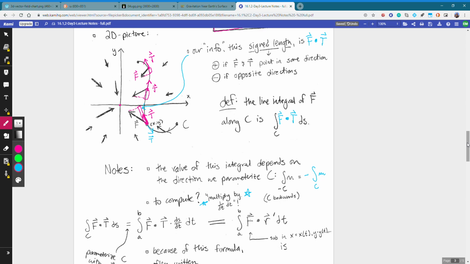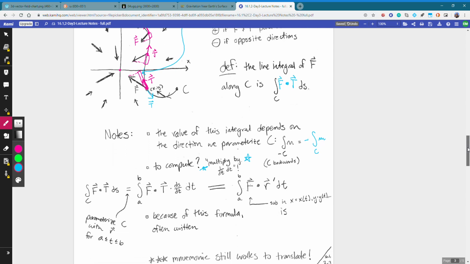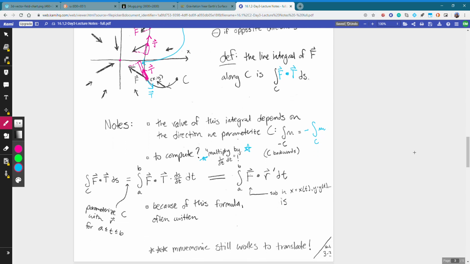And so let's work through what our catchphrase shows us here and see that there's a nice simplification that happens. All right, so here is our line integral of our vector field. And using our mnemonic, we're going to multiply by 1 over dt dt.